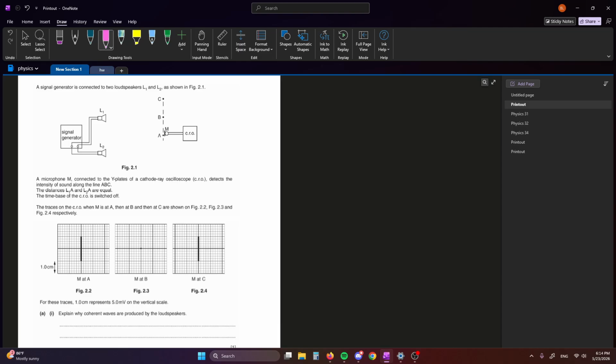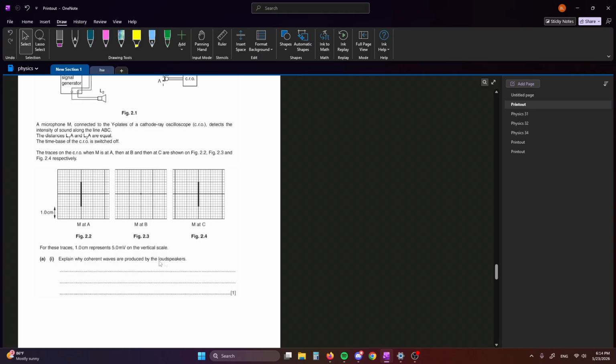The time base of the CRO is switched off. The traces on the CRO when M is at A, then at B, and then at C are shown on figures 2.2, 2.3, and 2.4, respectively. For each of these traces, 1.0 represents 5.0 millivolts on the vertical scale.